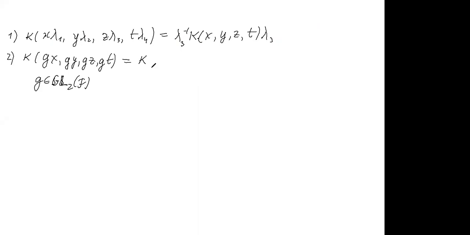And this is not that easy to prove, unfortunately. At least I don't know of any reasonable way of proving this unless you use the explicit expression. So I think it is time for us to unveil the explicit expression for this kappa.